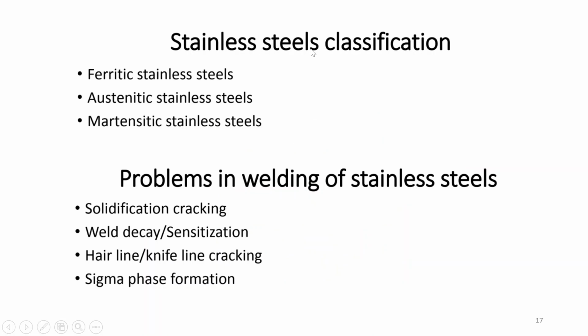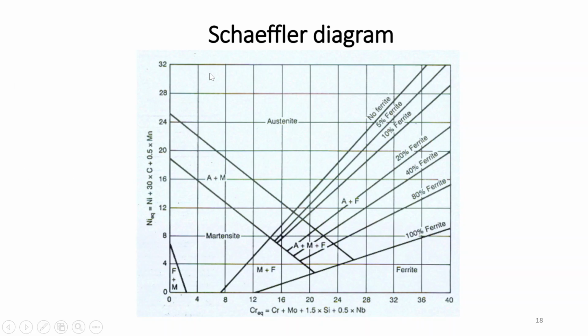Next is stainless steel classification. Based on microstructures, it is ferritic, austenitic and martensitic type of stainless steels. The microstructure which will be there will be defined by the alloying elements that are added, which are shown here.